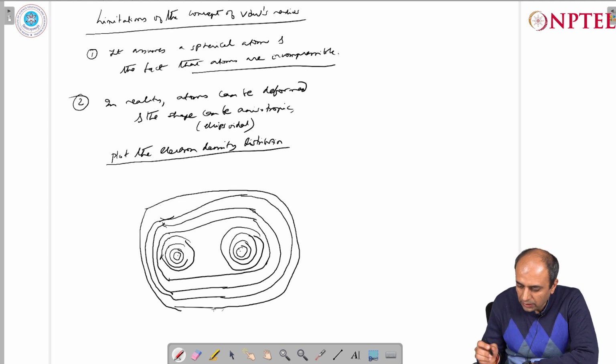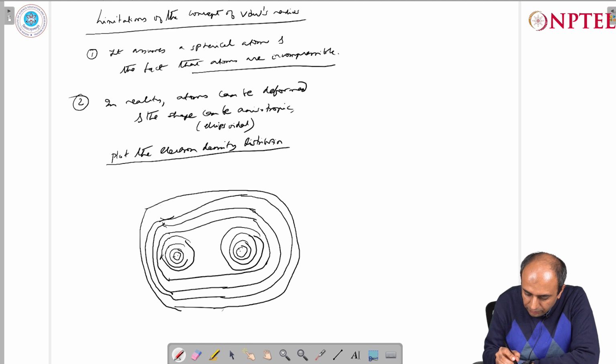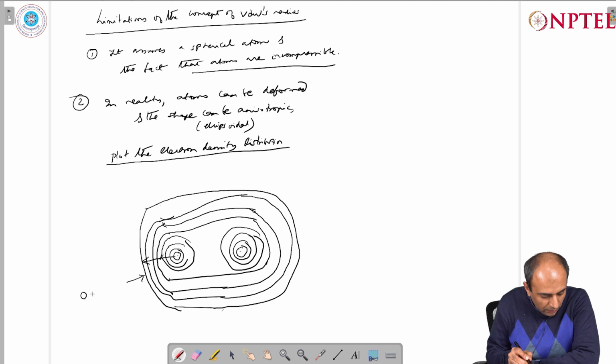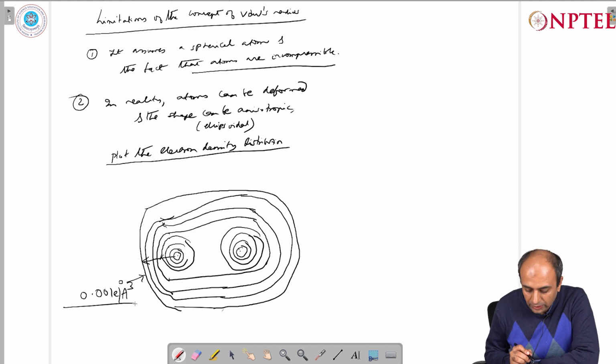Here you can see the outermost contour is 0.001 electron per angstrom cube. So this is the limit of the electron density, where beyond this there is no electron density available, and then you can go in a perpendicular direction. So there are two independent directions. This is for the chlorine molecule.